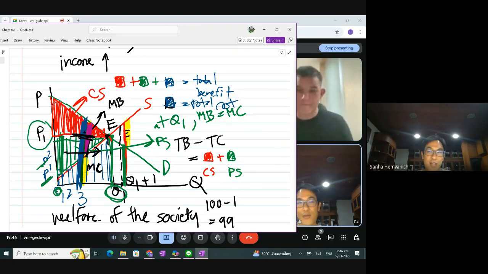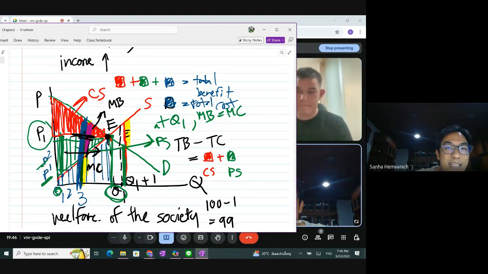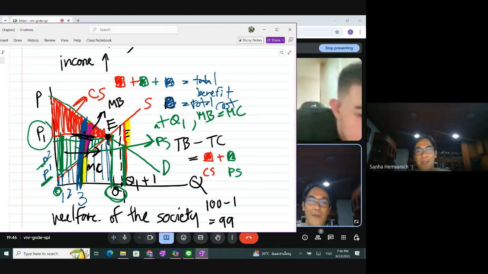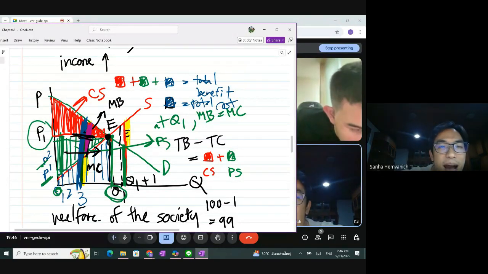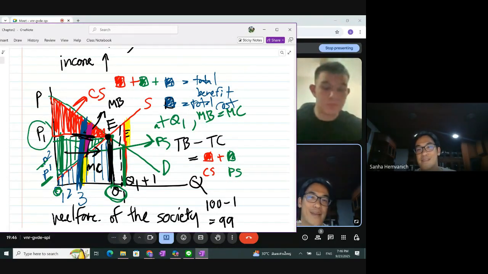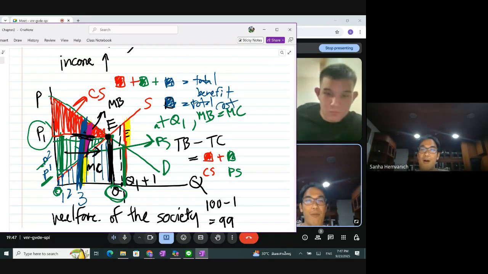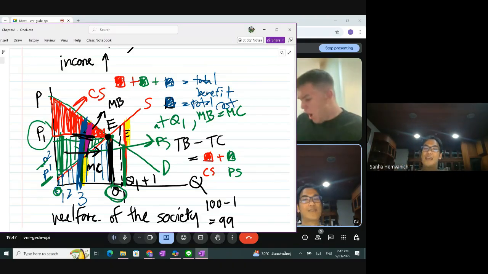You stop at this point, where the line underneath supply and demand is the same. That signifies that at that point, the marginal cost and the marginal benefit of the last unit produced, Q1, are the same. So that's when you stop.